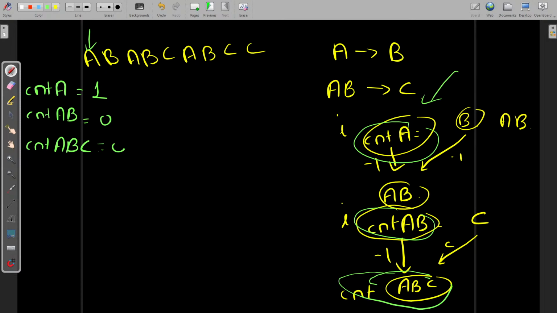Initially, this will be 0. Next, we jump to B. Now we see, do we have any A behind this B? Okay, we see count A is 1. That means, yeah, we actually can make a pair AB. So we will take 1 A from count A, decrement it by 1, so it will go to 0, and count AB would go to 1.